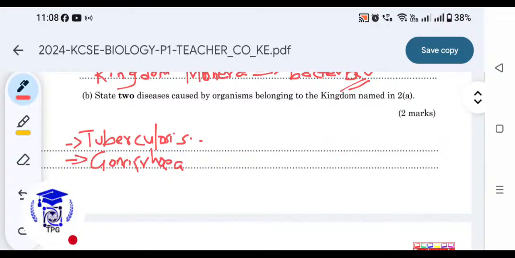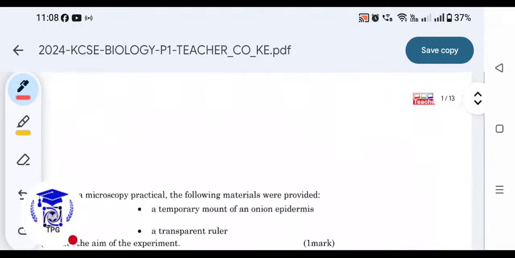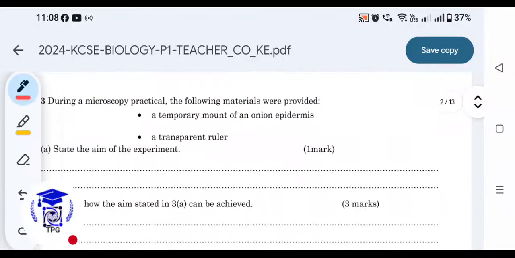We also have livestock diseases like anthrax, caused by bacteria. Mycobacterium tuberculosis is the causative agent of TB. Gonorrhea is caused by Neisseria gonorrhoeae. And anthrax is also a livestock disease caused by a bacteria. Let's proceed to question number 3.